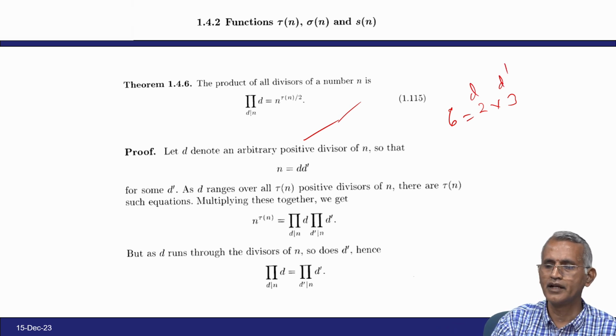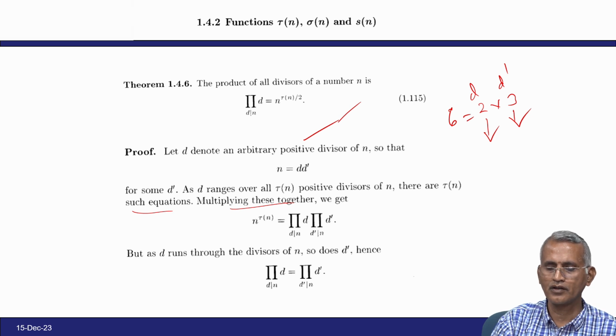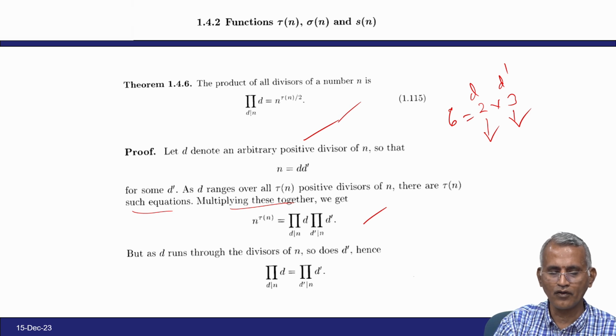Now, for some d dash, d ranges over all of tau of n, the positive divisors of n. There are tau of n such equations, and multiplying these together, we get the product of d dividing n of d, and the product of d dash dividing n of d dash, which is n power tau of n, where d runs through the divisors of n.